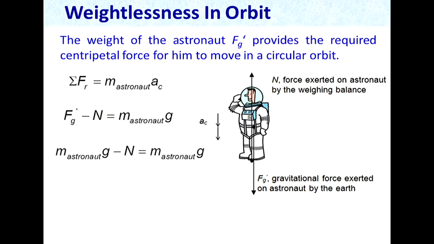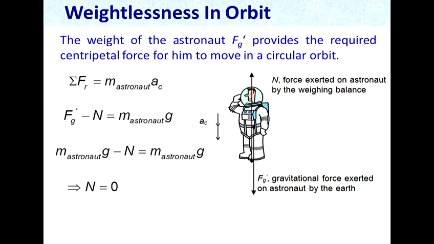And this gravitational force is mg. The g must be the same, because it's at the same position, so they share the same g. From here, we can see that the value of N is 0, meaning there is no contact between the astronaut and the weighing scale, so he appears to float. So the weighing scale shows 0.